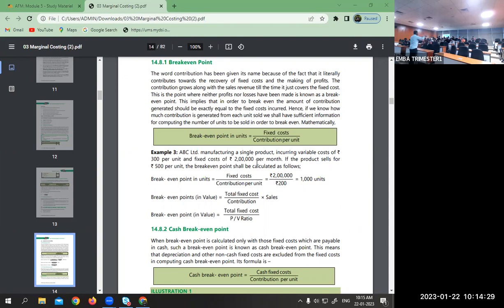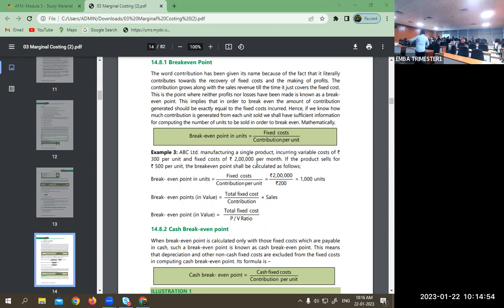Then how many units I have to sell to reach the fixed cost of 10,000? 10,000 units I have to sell. If I sell 10,000 units, 1 unit is giving me a contribution of 1 rupee. If 10,000 units I am selling, total contribution is going to be 10,000, which is just equal to my fixed cost. That means break-even. Okay.